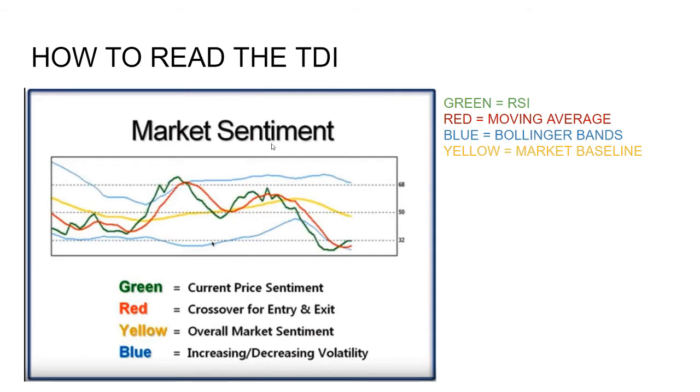As I stated, the red line is for signals. Once it crosses the red line, you know when to enter or exit. Say you got in on a buy down here, went up, and then it crossed right here, you can exit. Just know that there's more in depth to it. Right now I'm just going over it briefly.